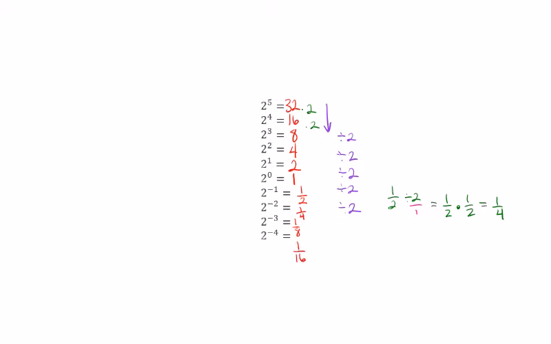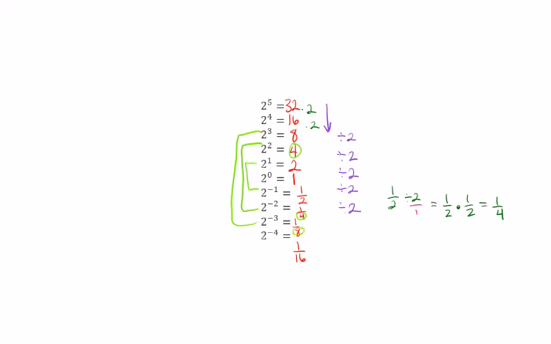So if you notice, 2 to the negative first power is 1 over 2 to the positive first power. 2 to the negative second power is 1 over 2 to the second power, right? 1 over 4. So notice how those are the same. 2 to the negative third power is 1 over 2 to the third, right?